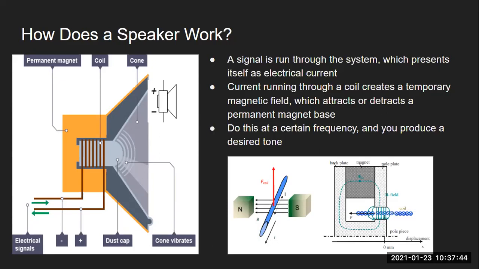It's a basic linear motor. And then that motion is being translated to a diaphragm, a cone, and that's amplifying the sound wave even further. That way you get good, more efficient transductance into the air. If we look at it in basic frequencies, if you put a basic sine wave in there, you produce a certain tone.